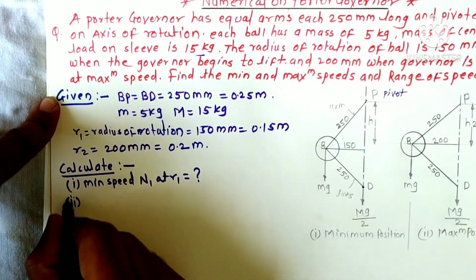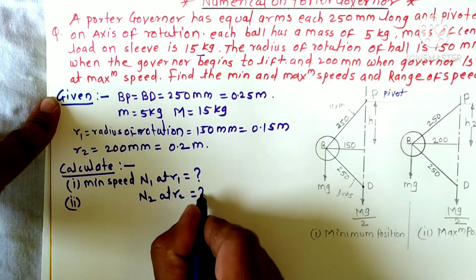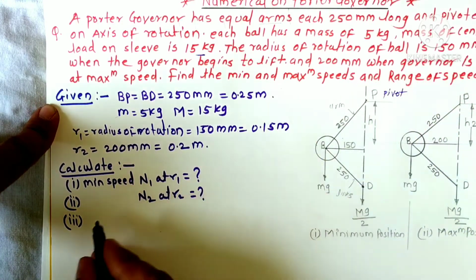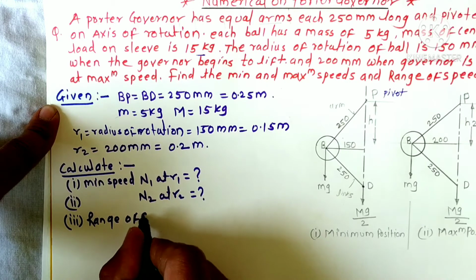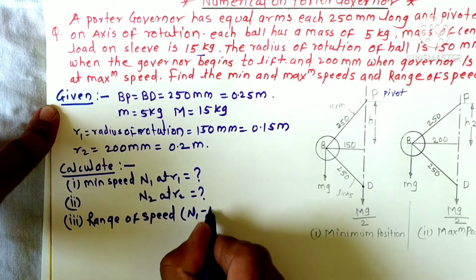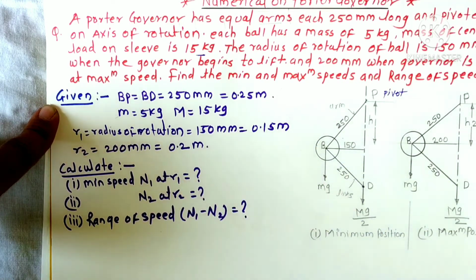Second case N2 at R2. And third case range of speed, which is nothing but the difference, that is N1 minus N2. So these three things we have to find out.